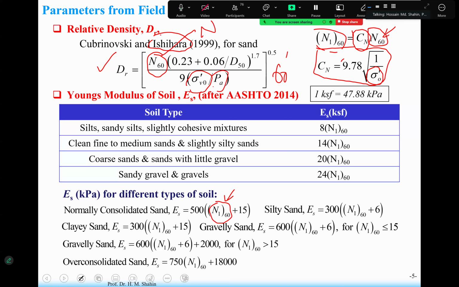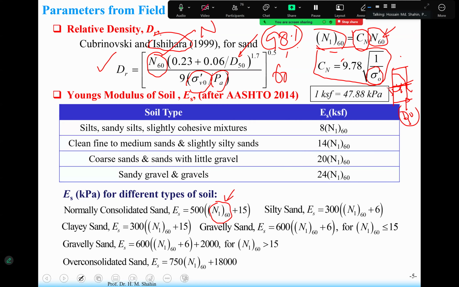PA is 98.1 kPa. Use this one. Then you need D50. But as I did not give you the grain size analysis, you cannot get the D50, because you need the grain size analysis to get the 50% finer size.